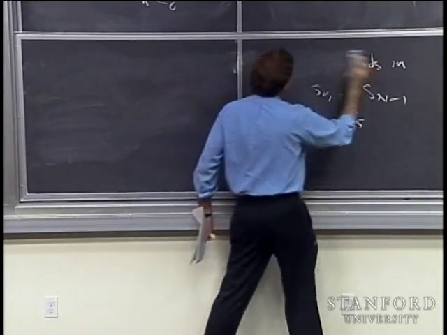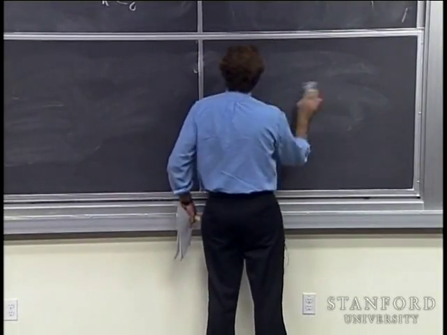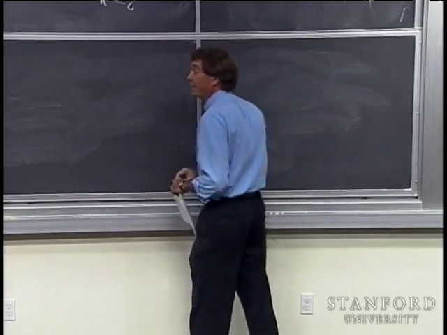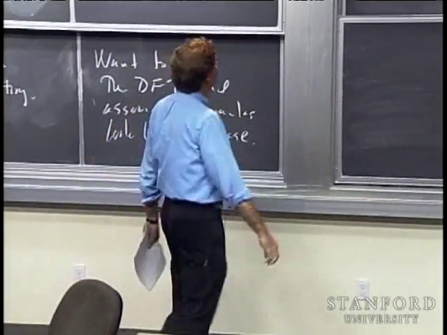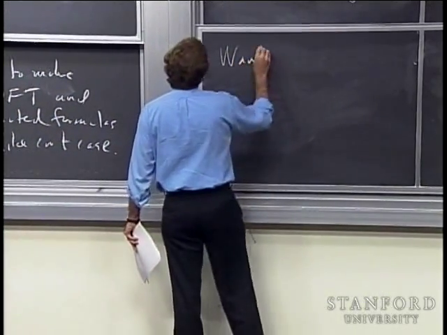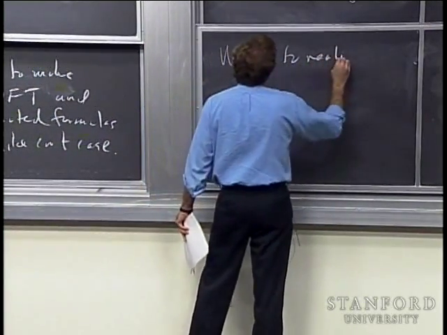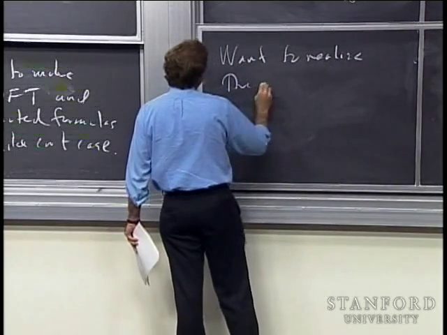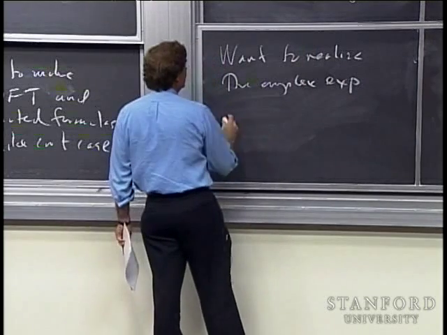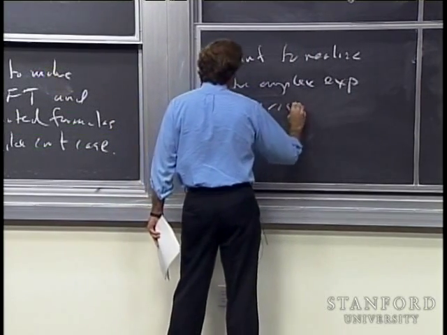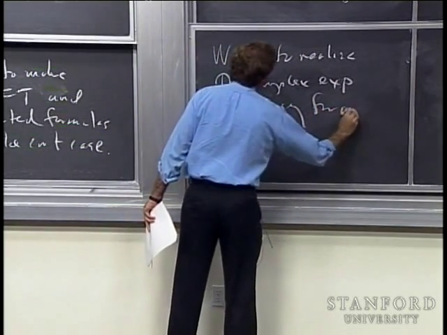It also gives you a way of enunciating certain properties of the discrete Fourier transform that would be very difficult to do otherwise. So I want to realize the complex exponentials that come in the definition here as arising from also a discrete signal.